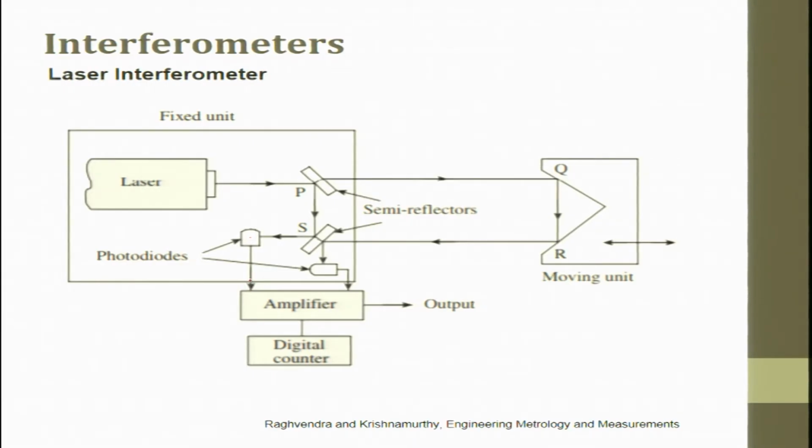Okay. So, now what you do is the light, half gets split here, the other half of the light gets transmitted through the beam splitter, and it moves to the moving unit. So, here is a prism where it can internally reflect and create exactly 90 degrees. So, it falls on here, it hits here and it again comes back.